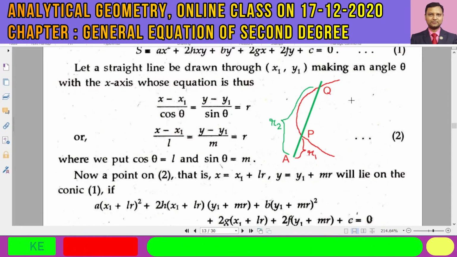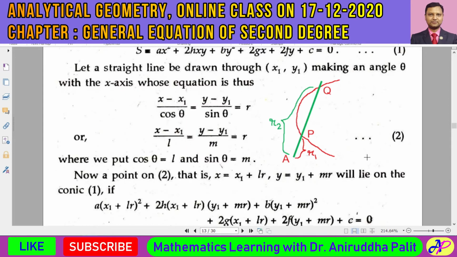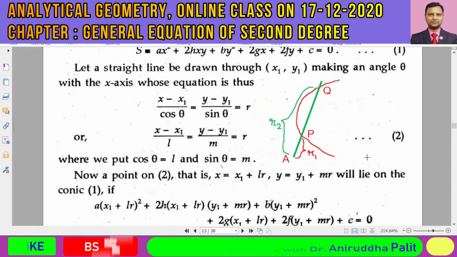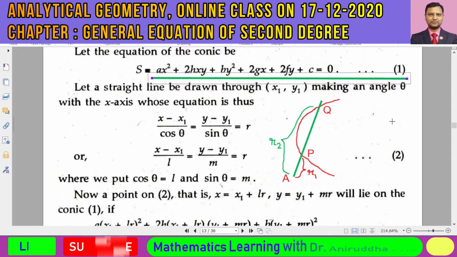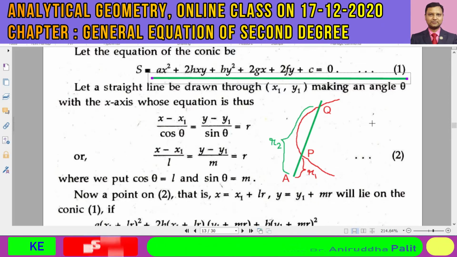Got it? So in this way, we can conclude that a general equation of second degree involving x and y would intersect a straight line at two different points at most.